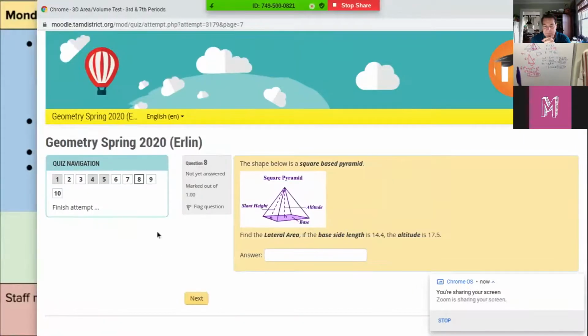Okay. So you're looking for lateral area, which is 1/2 P times L. So have you found your P? What does the P stand for?